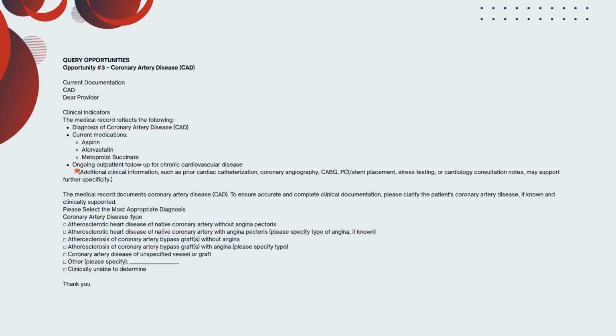Atherosclerosis of coronary artery bypass grafts with angina, please specify type. Coronary artery disease of unspecified vessel or graft. Other, please specify. Clinically unable to determine. Thank you. Note: the options you provide should be consistent with the medical records.